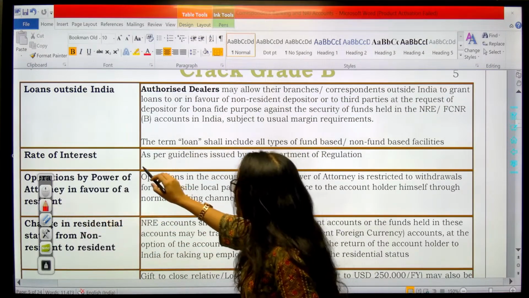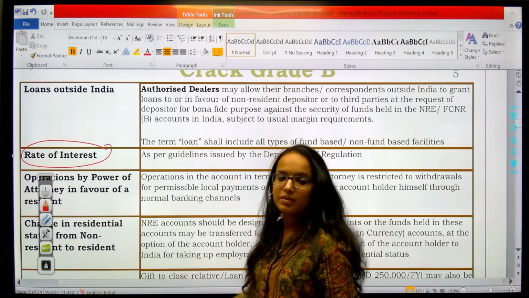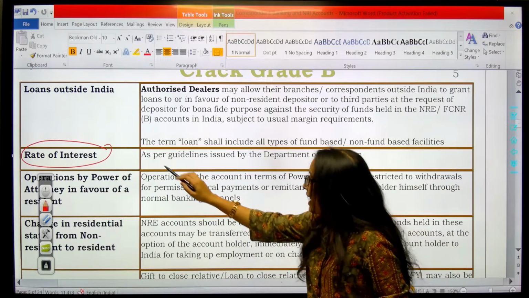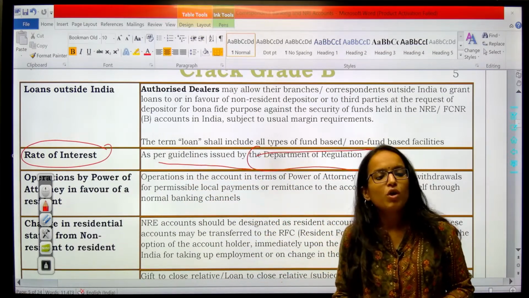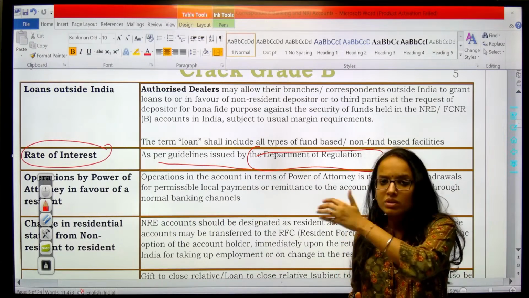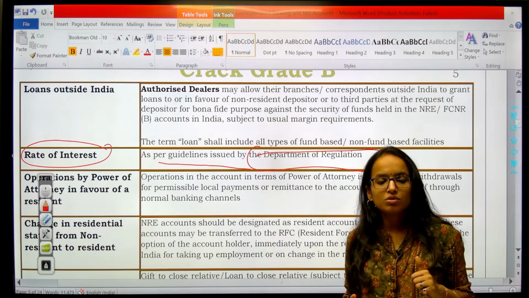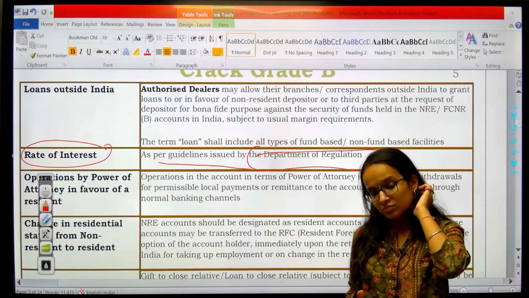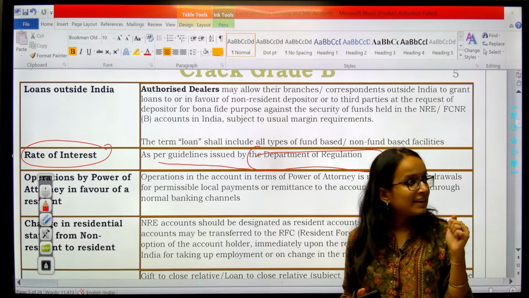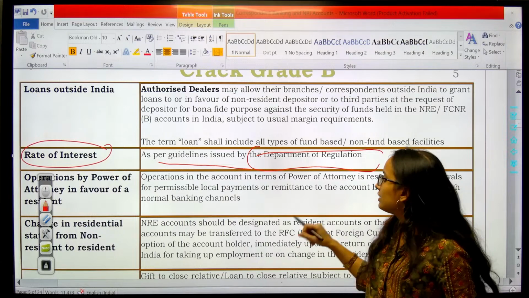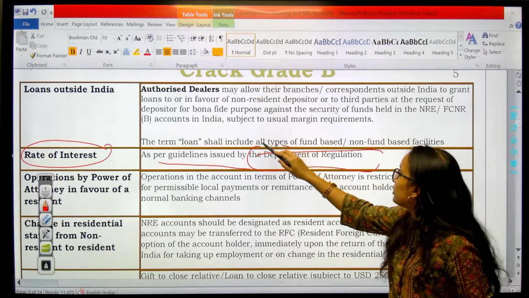Now, if we talk about the rate of interest as per guidelines issued by the Department of Regulation, what will be the rate of interest on the loan taken by these account holders, or on the deposit as provided by the authorized dealer? So that interest will be decided by whom? That will be decided by your Department of Regulation.